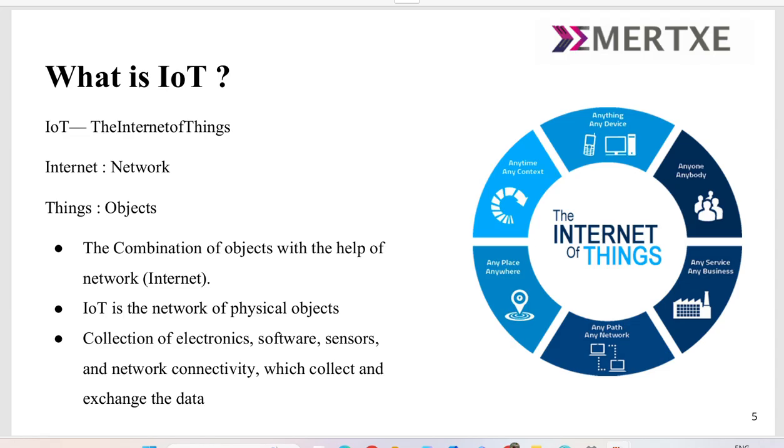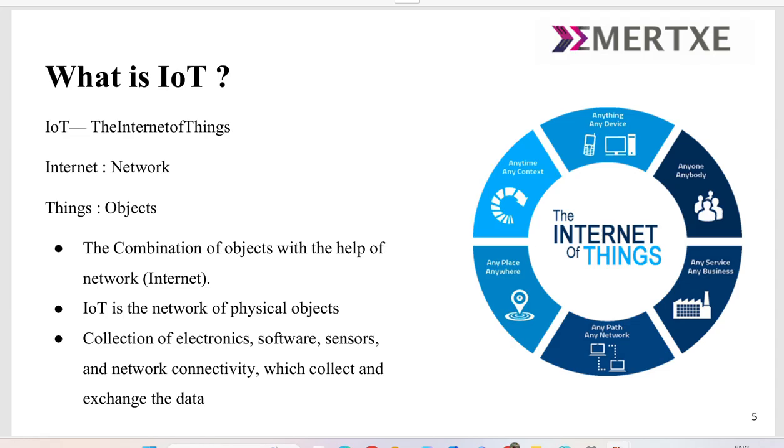Now coming to this slide, what is IoT? IoT stands for Internet of Things. Internet means network and things means physical objects.